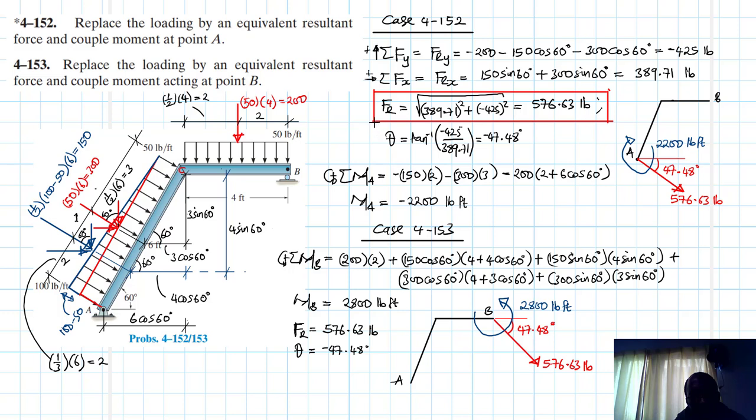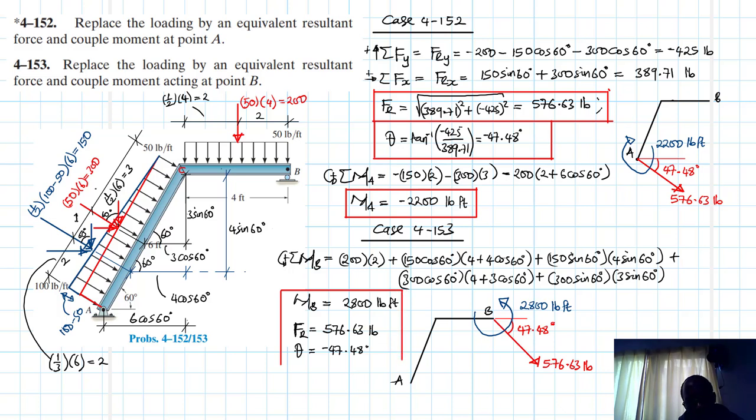And we had the angle also here, and then we had the moment for case number 1. And for case number 2, the resultant and the angle remained the same. The only difference here was the moment. All right, I think this is about it.